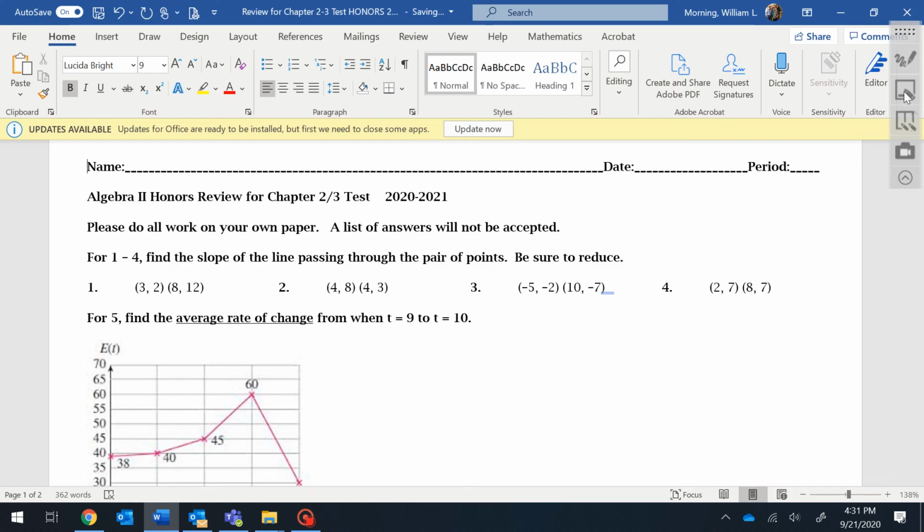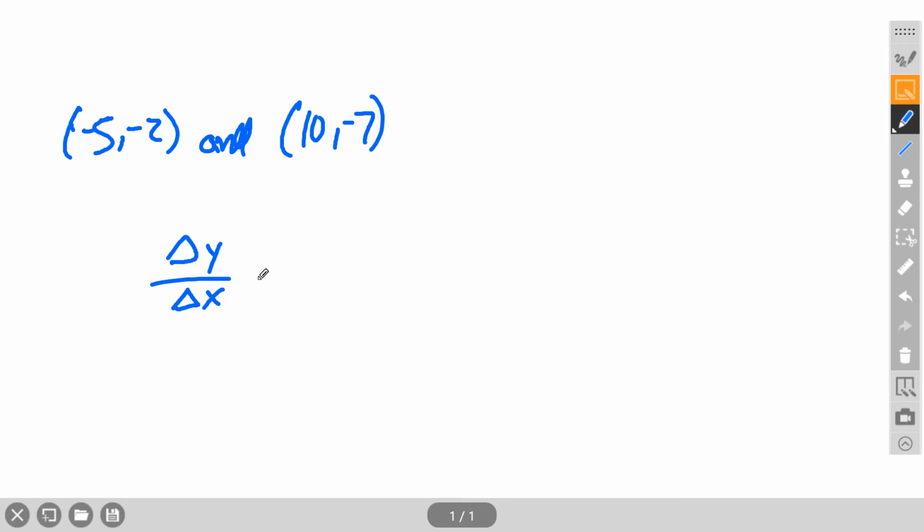The next one, negative 5, negative 2, and 10, negative 7. Same thing, delta y over delta x equals, so negative 7 minus negative 2, so that would be plus 2.